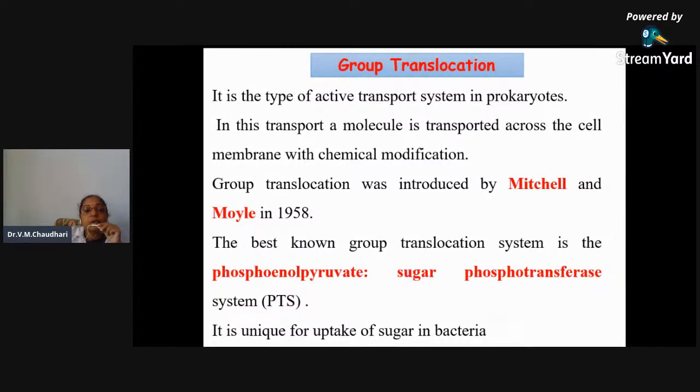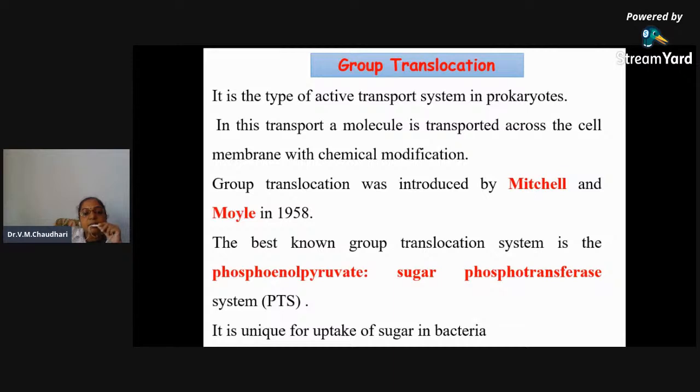It transports sugar molecules across the cell membrane with chemical modification. तसं ग्लुकोज सेलच्या बाहेरून सेलमध्ये जात नाही. ग्लुकोजचं मॉडिफिकेशन होतंय. ग्लुकोज इज ट्रान्सफर ॲज अ ग्लुकोज फॉस्फेट, म्हणजे शुगर इज ट्रान्सफर ॲज अ शुगर फॉस्फेट इनसाइड द सेल.